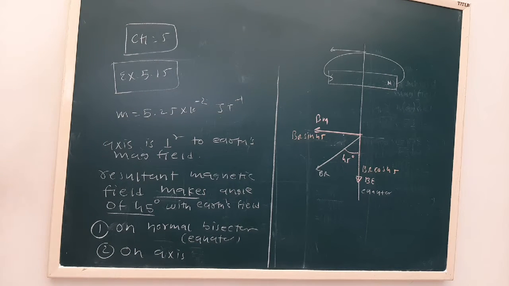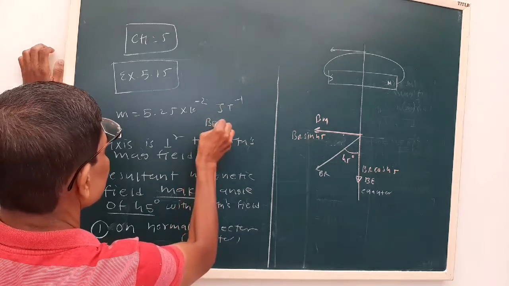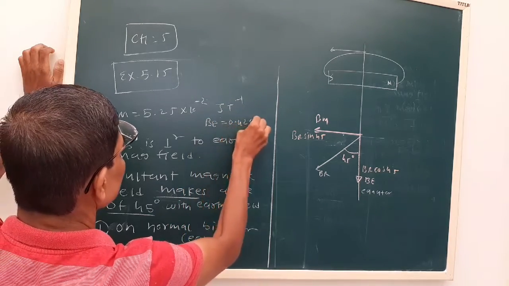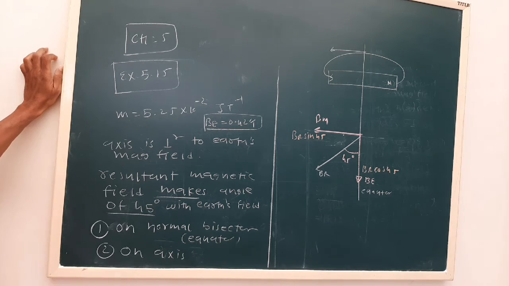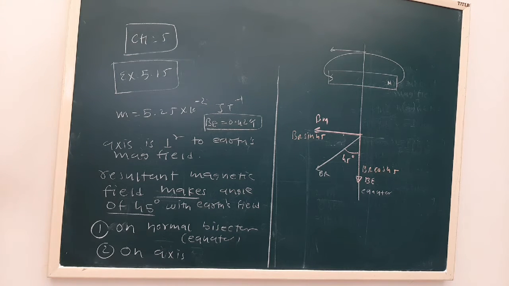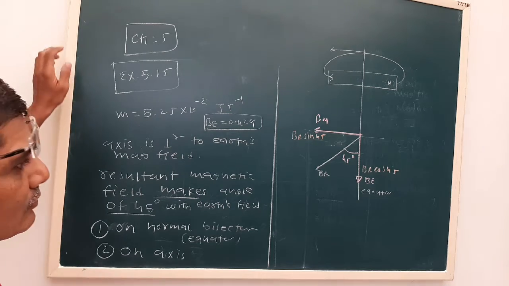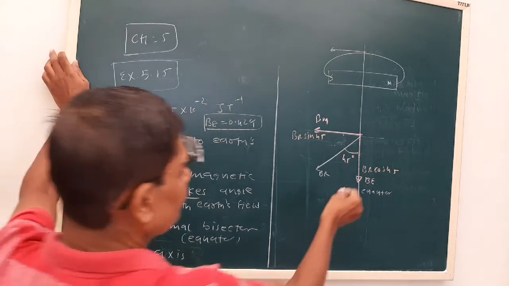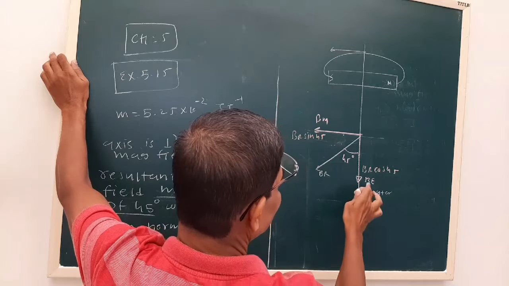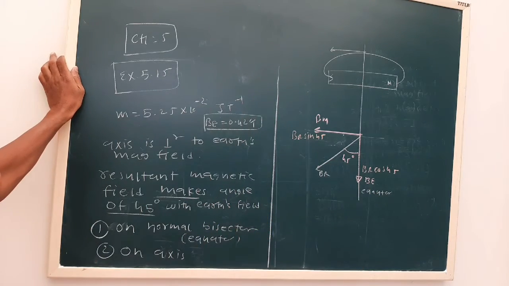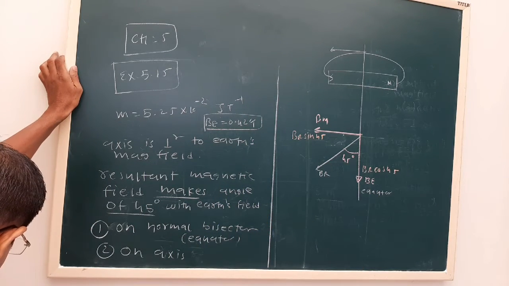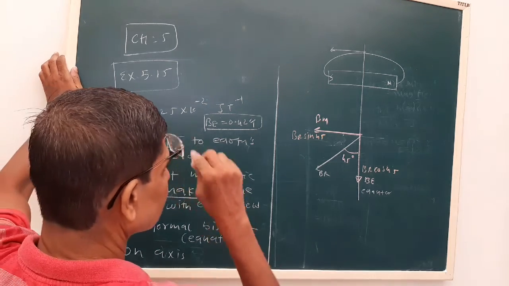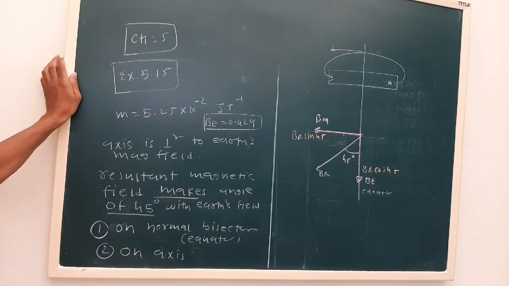So now the value of the Earth's magnetic field is given as 0.42 Gauss. So we have to find out the distance. Now see, BR cos 45 is equal to BE, and BR sin 45 is equal to BM.